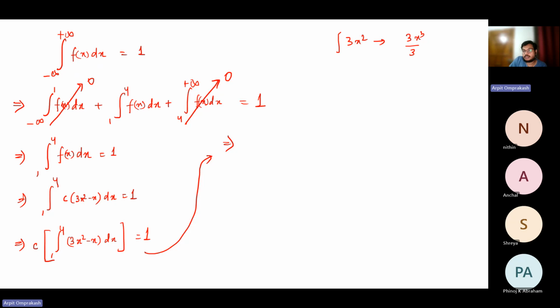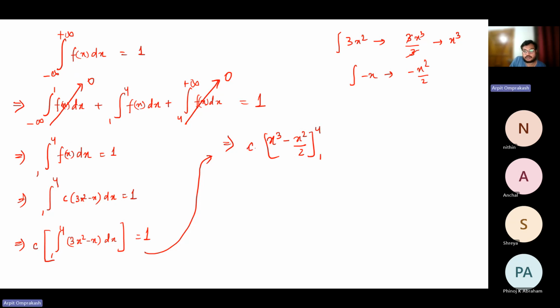So it's n plus 1 divided by n plus 1. So this will cancel out. It will be x cubed. And the integral of minus x will be minus x squared by 2. Right. So what we'll have here is x cubed minus x squared by 2 in the limit 1 to 4.